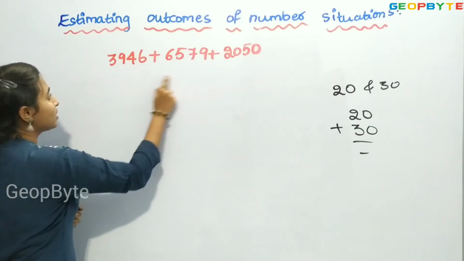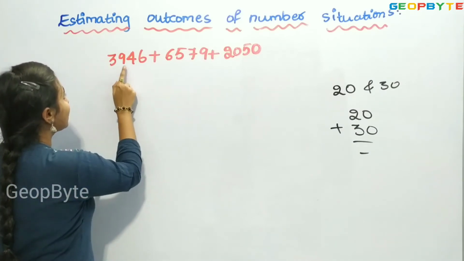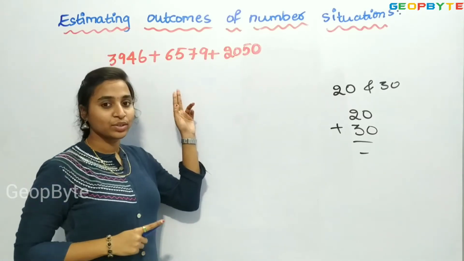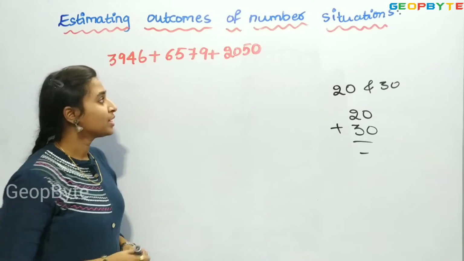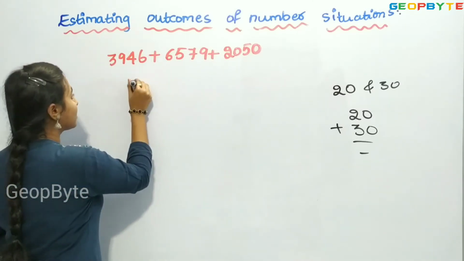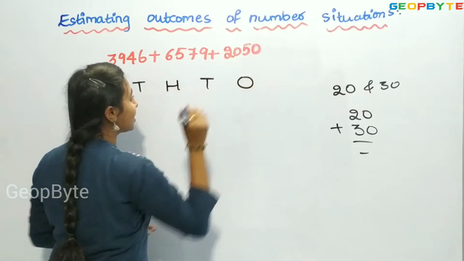Below we have 3 numbers. Let us add them. First 3,946, and then 6,579, and then 2,050. Here we have 4 digits, so thousands, hundreds, tens, ones.